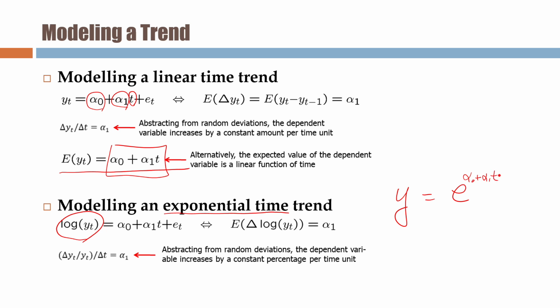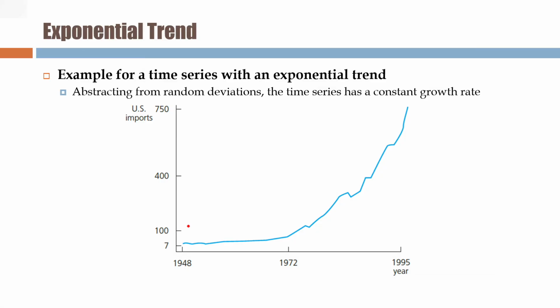But basically this is the same thing, so you can apply the log to the y, and you get the same exponential time trend. So this small fluctuation will be a result of certain other factors, but I want to see only what's going on over time.